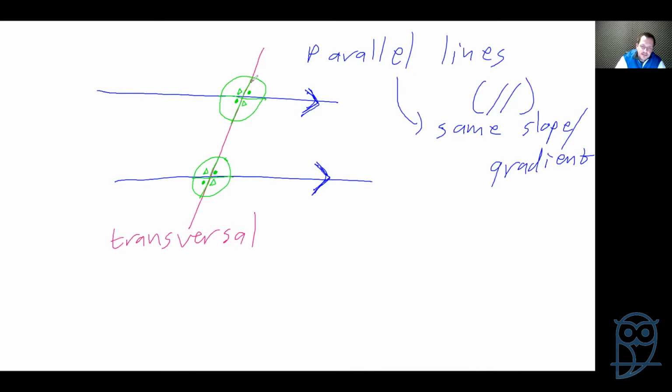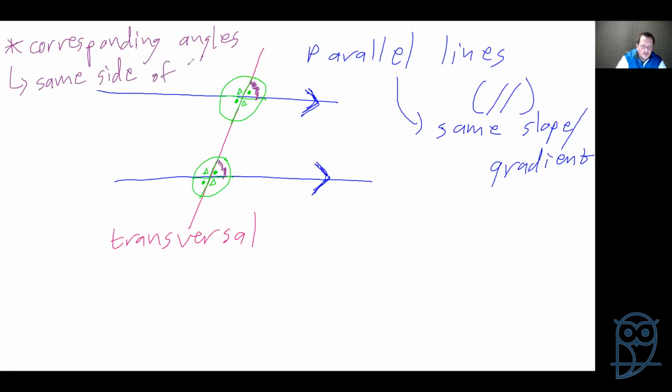So the fact that this angle here and this angle here are equal, this is known as corresponding angles. And with corresponding angles, they are on the same side of my parallel lines and same side of the transversal.